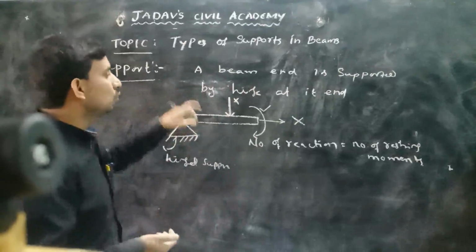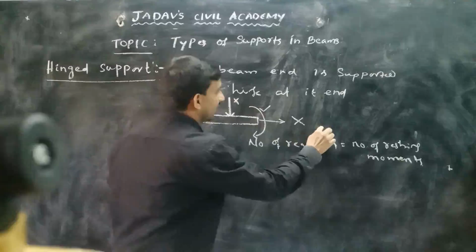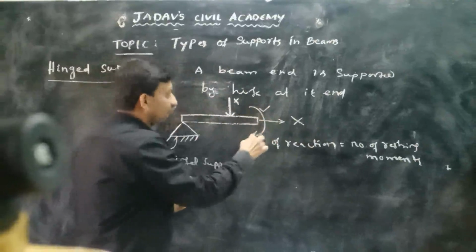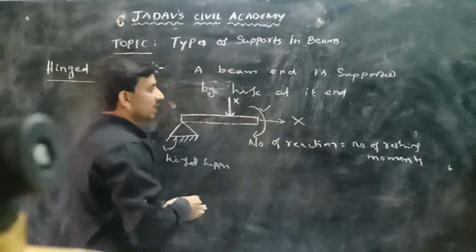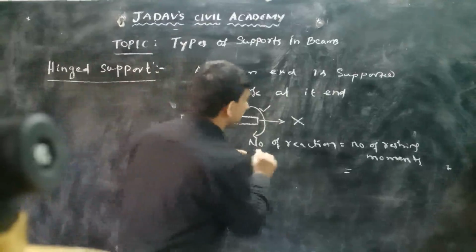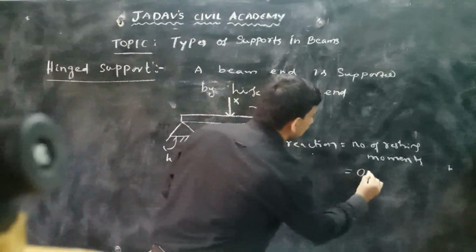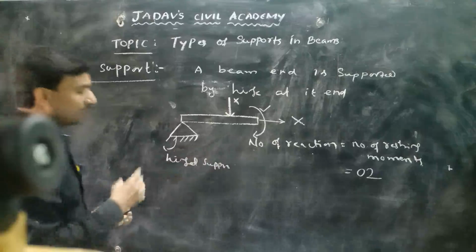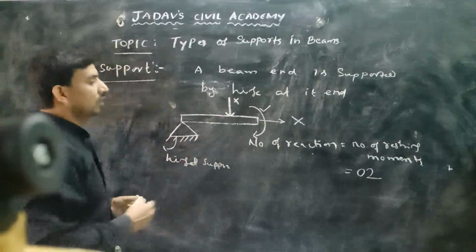The restrictions are horizontal translatory motion and vertical translatory motion, and there is no restriction of rotatory motion. So the number of reactions is 2. The number of reactions for a hinged support is 2.